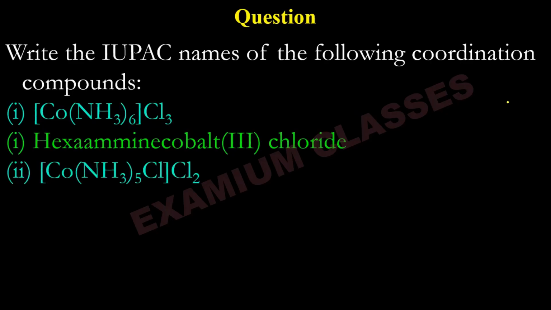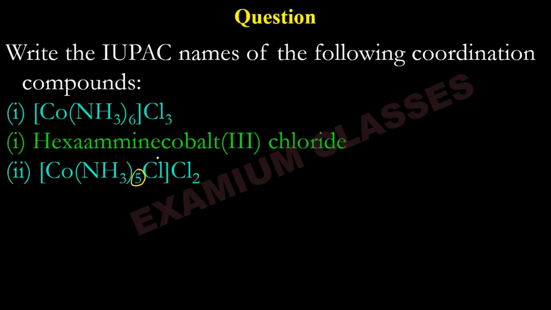Next, [Co(NH3)5Cl]Cl2. Basically, this is an isomer of this one. The formula is the same. Only one chlorine is now inside the coordination entity. So similar to that one, now we will say pentaammine. Cl is a negative ion, so chlorido.